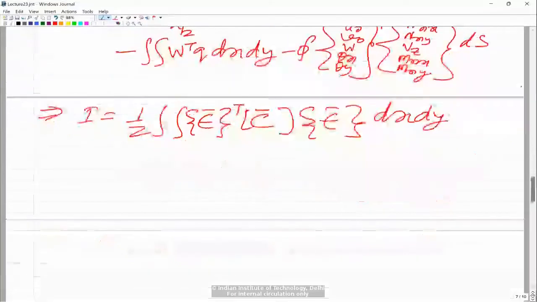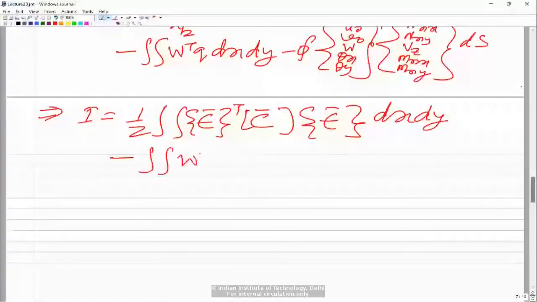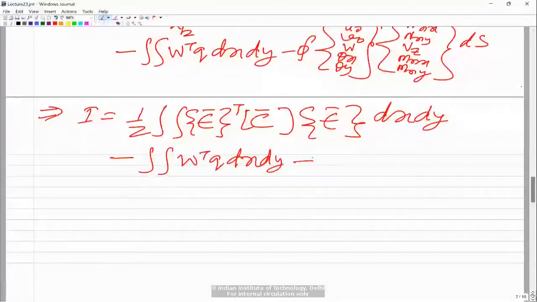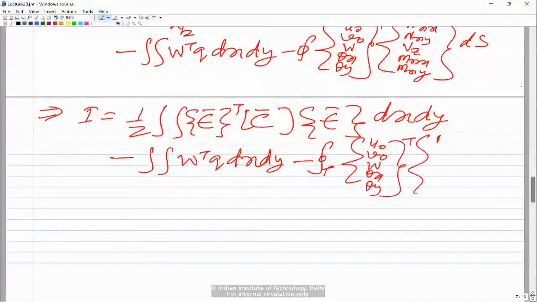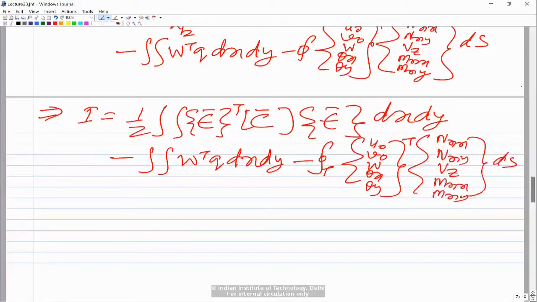So we have minus integration over area w transpose q dx dy, minus the boundary integral, and then u naught v naught w theta x and theta y transpose, and n nx n, we have this n n y vz and m n x m n y ds. So this remains as it is.